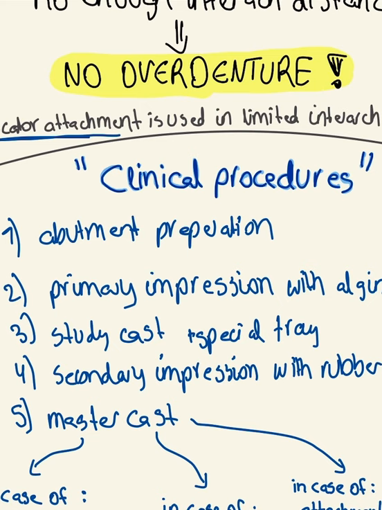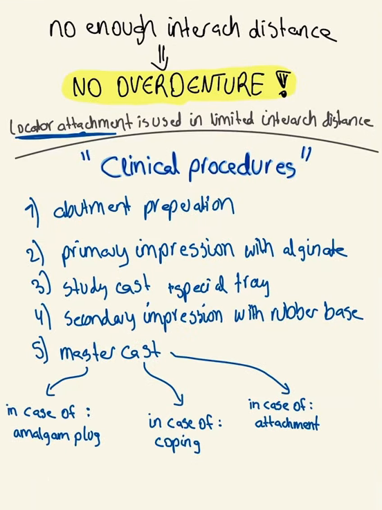But the disadvantage of locator attachments is that it might cause food impaction, but they're used in limited inter-arch distance. So this is a good advantage. If you have a limited inter-arch distance, use the locator attachment between the overdenture, with the fitting surface and the socket.